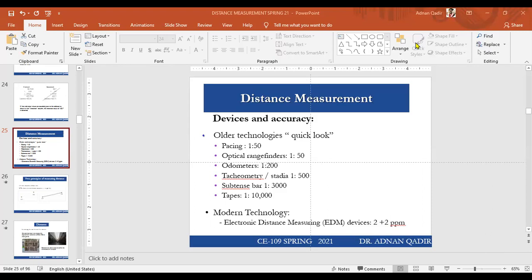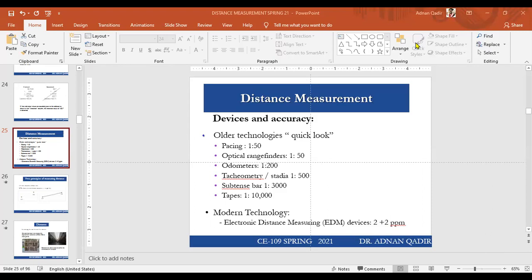In today's topic, we'll discuss the distance measurement, and how to use different methods depending upon how much accuracy you require.